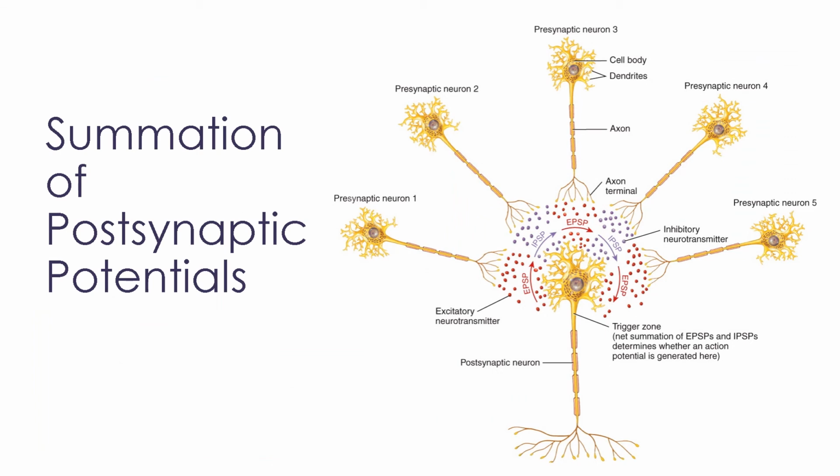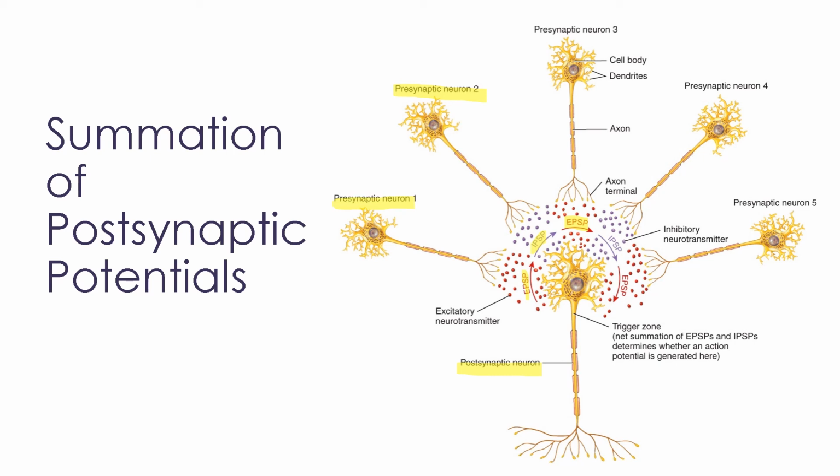The sum of all the excitatory and inhibitory effects at any given time determines the effect on the postsynaptic neuron. So here we have several presynaptic neurons all around this one postsynaptic neuron, and there are lots of EPSPs and IPSPs all coming in to this postsynaptic neuron.